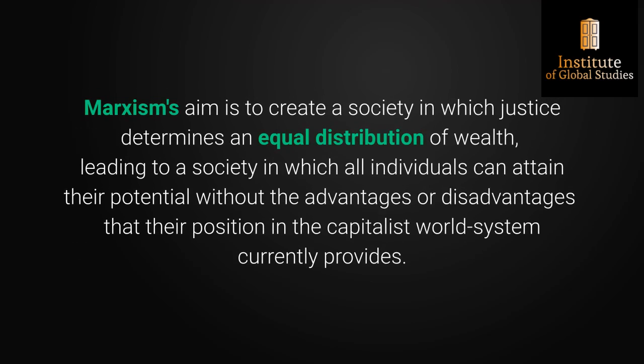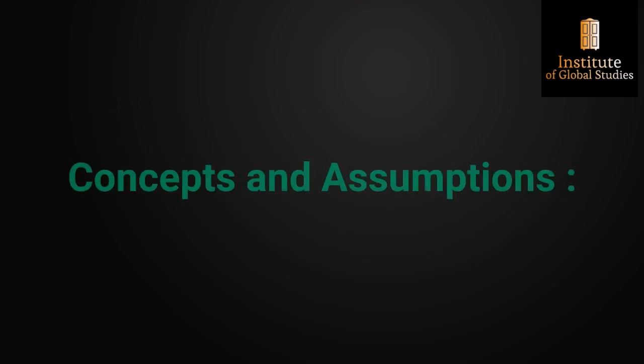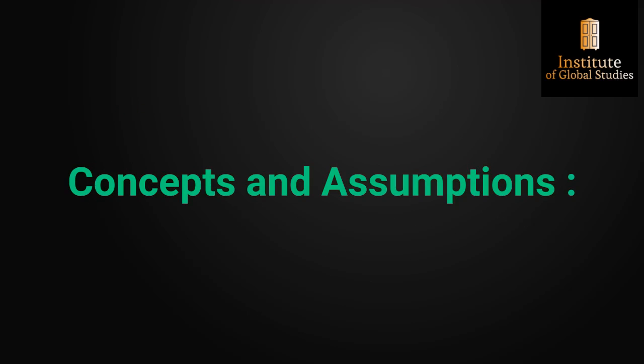Marxism's aim is to create a society in which justice determines an equal distribution of wealth, leading to a society in which all individuals can attain their potential without the advantages or disadvantages that their position in the capitalist world system currently provides.